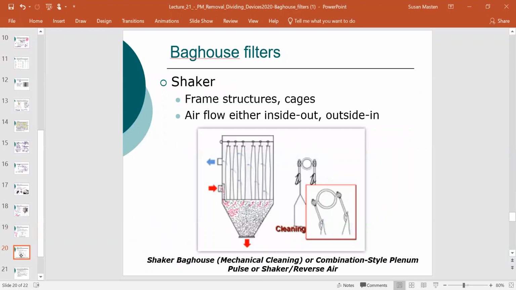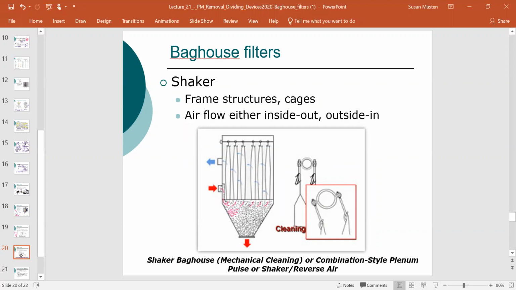The last type is a shaker. Again, these use these more rigid cage structures, and the air can flow either inside out or outside in. And basically, this is a mechanical shaking device. So when you've achieved a maximum pressure, the system would be shut down.